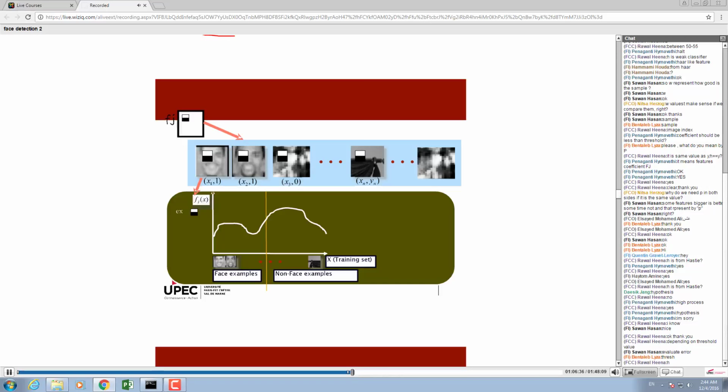By the way, again, it is a hypothesis. It is not an absolute answer, not always the correct answer. Sometimes it is correct, sometimes it is wrong. You understand, right? So every weak classifier can give us a wrong answer.